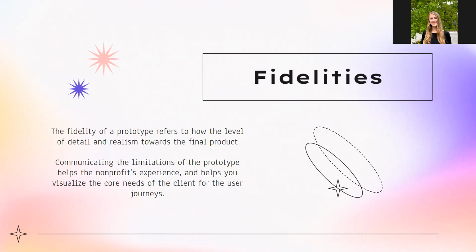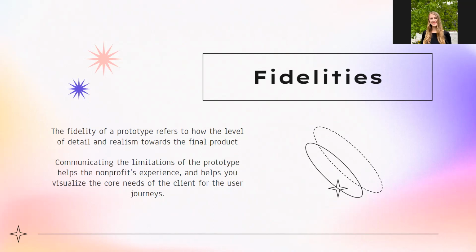Knowing the fidelity of the prototype you are showing to the client is pretty important because you need to understand the limitations of the prototype. For example, if the client is trying to click on something and it's not working, they're like, what the heck? And then it'll complicate the overall process and experience.